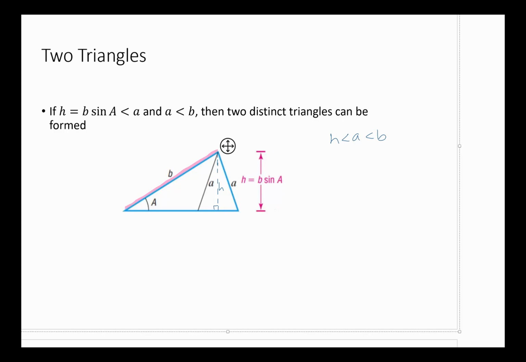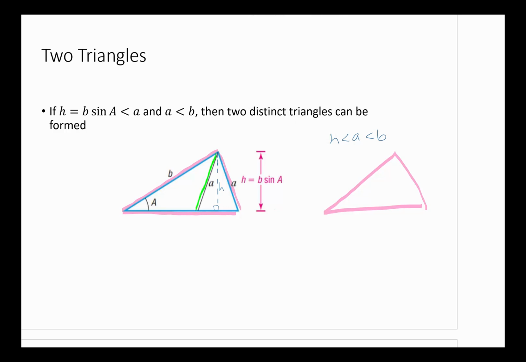I can make this pink one out here, which would be one triangle. And then I can also make, I'll make this green, I can also make this triangle in here that I'm writing in green. That would be your other triangle.